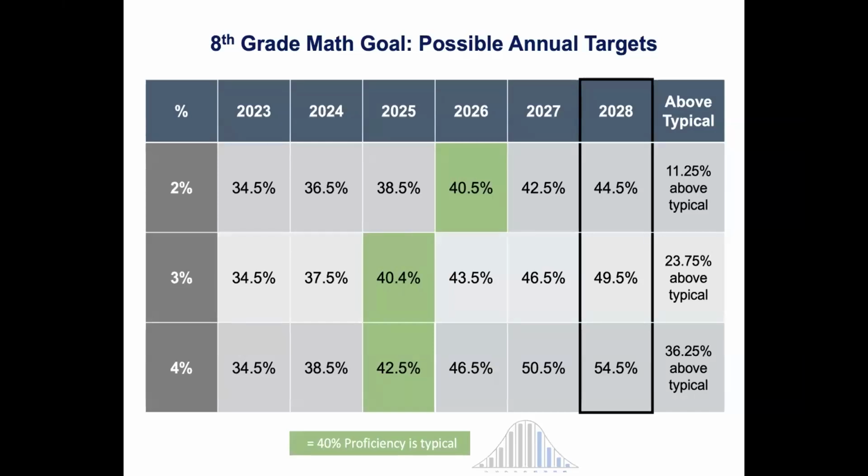But when you wrap in all of the variables, like what Member Higgins was talking about, demographics, poverty, all of those attributing factors, it tends to line out back to a normed curve as the population grows. When you start moving away from that with a large population, it becomes more challenging. It doesn't mean we shouldn't shoot higher than what is typical, because all of these are higher than typical. But with a large data set, it becomes more challenging, and it's just a fact. So something to think about.